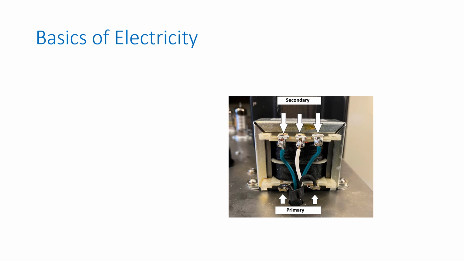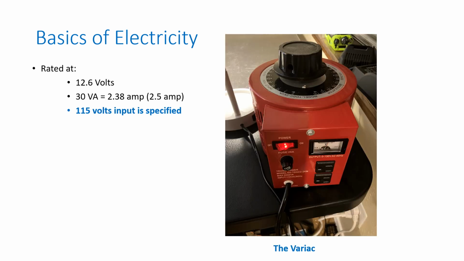So if you go back and look at the nameplate on the transformer, it said it was rated for a 12.6 volt output at 30 volt amps. The math shows us that 2.38 amps would give us the 30 volt amp. Well, the catalog entry and the reason I ordered the transformer was it promised a 2.5 amp capacity.